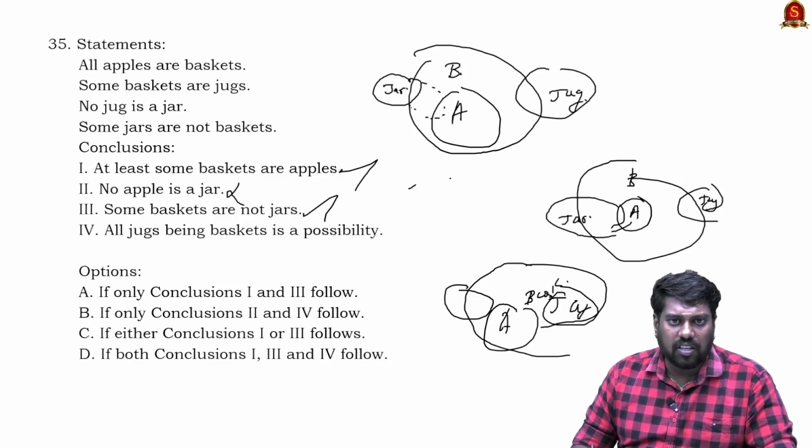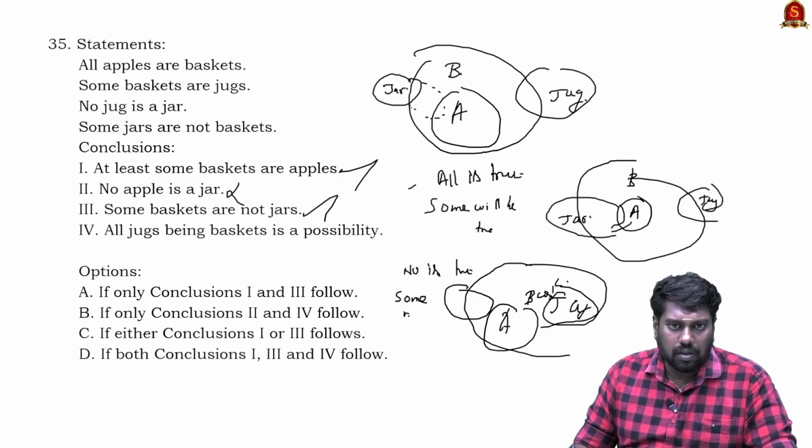So this is the shortcut here, I will teach you the shortcut. See here, if all is true, some will be true, and contradictory, if no is true, then some not will also be true. So in this, all jugs being basket is a possibility.